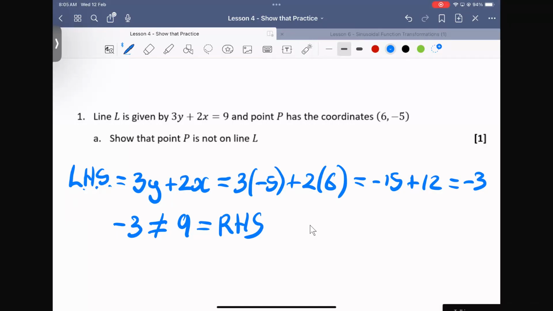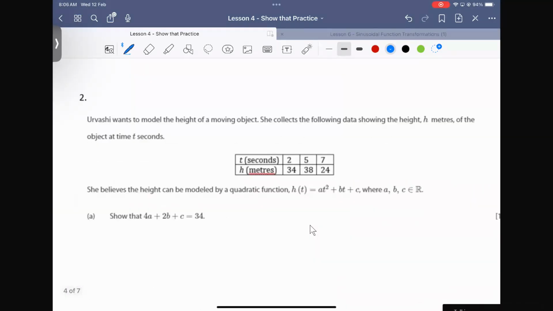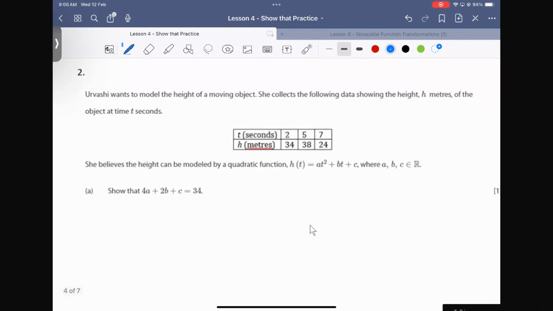So start with one side, evaluate it, and then compare it with the other side. This left-hand side to right-hand side style proof is a good way to go about it. All right, let's have a go at this one.